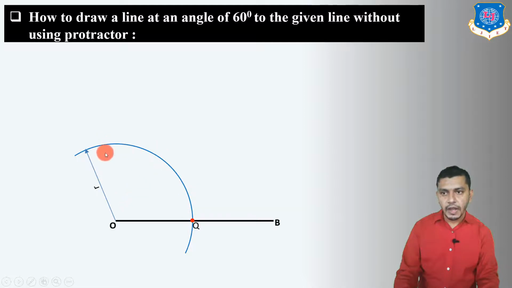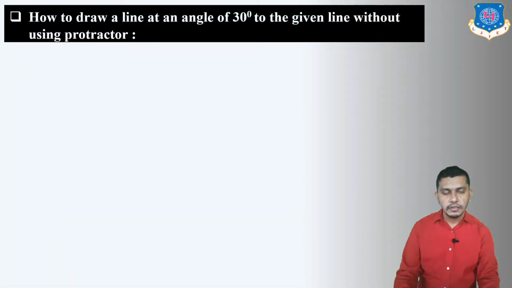Now mark this point and draw a line passing through this point and connect this point to O. Okay, so now we can say that this line will be inclined at an angle of 60 degrees to the line OB. If we measure this angle by using the protractor, it will be equal to 60 degrees. Now let us move on to the next.